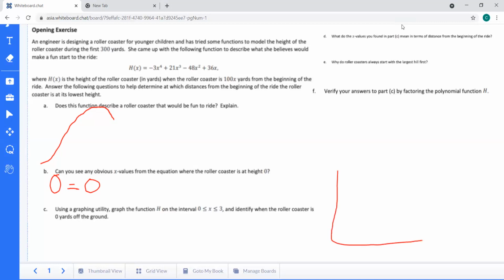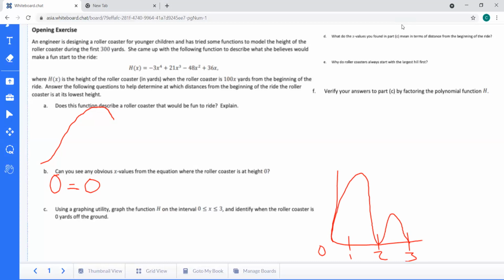If this is 3, this is 2, this is 1, this is 0, it's going to look something like this if you were to actually graph that.